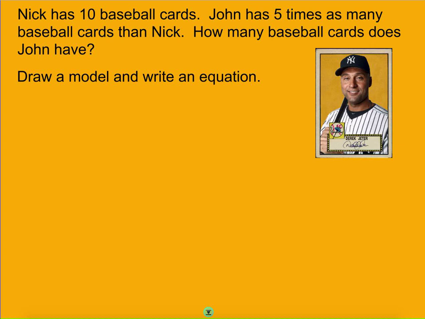So I know that we're comparing the number of baseball cards Nick has compared to what John has. Right? So that's the comparison part. So you need to know what's being compared. So now that we know it's baseball cards, we have to know specifically it's Nick's baseball cards versus John's baseball cards, right? So that's the first thing we're going to do, is write that information out so we could get our model started. All right?